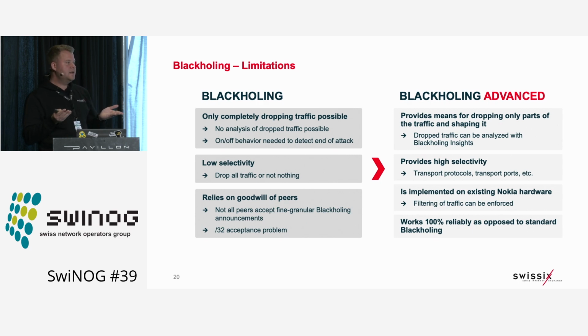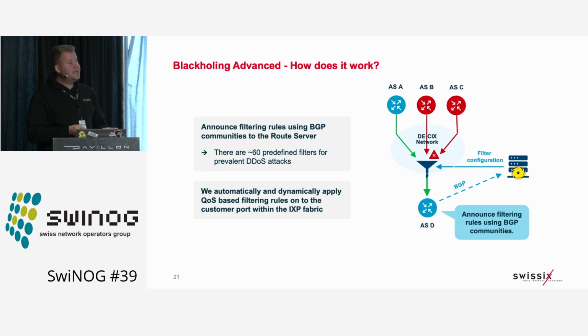It is implemented directly in the Nokia hardware, so it's filtering within the fabric instead of relying on the goodwill of the peers. And this is something which we are now also planning to enable and bring to the SwissIX fabric as well. The blackholing advanced is no longer really a blackholing, but more actually a filtering mechanism which is introduced into the IX fabric.